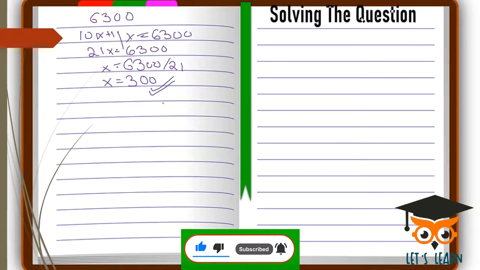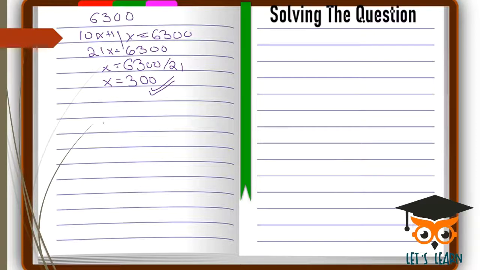Yes. Now the cost will be 10 into 300, that is 3000, and then selling price will be 11 into 300, that is 3300.